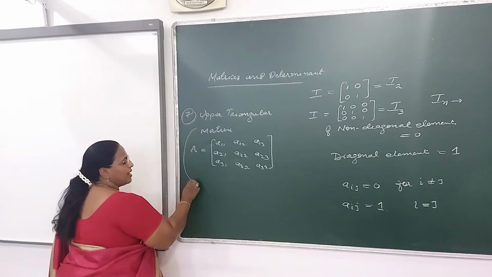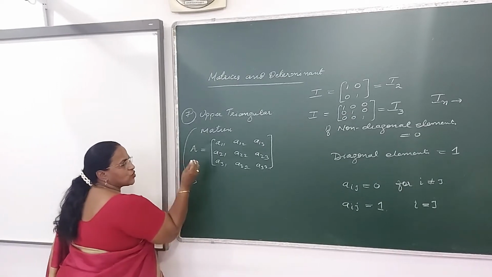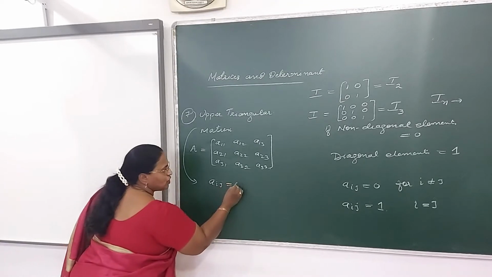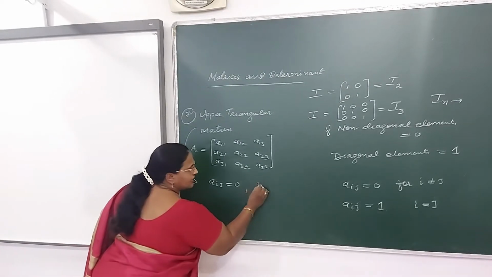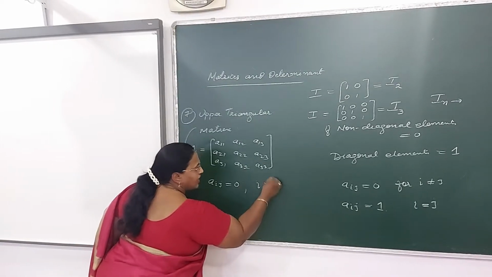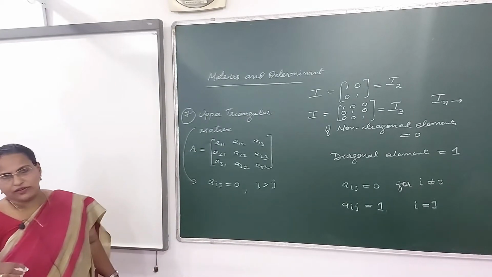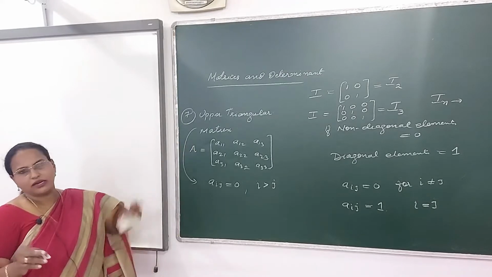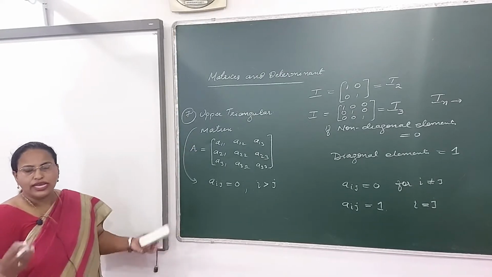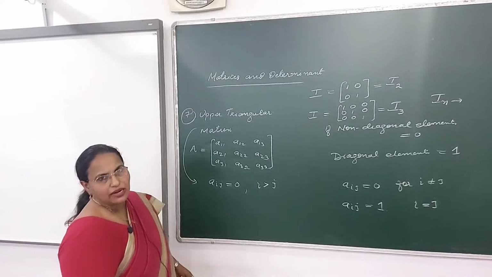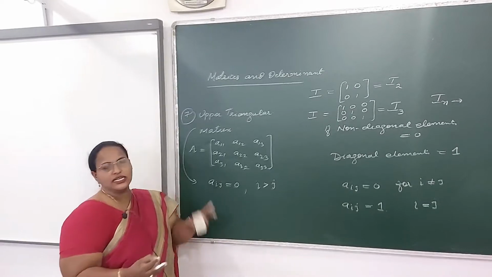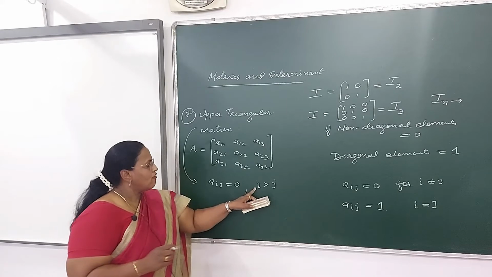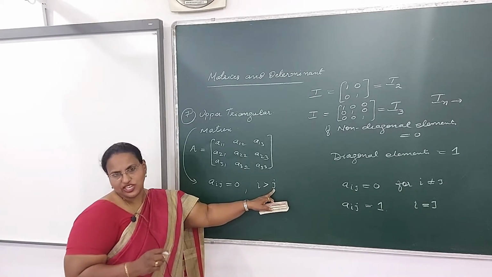Upper triangular matrix means a square matrix where Aij is equal to 0 for the condition i greater than j. Once again, upper triangular matrix is a square matrix which obeys the condition Aij equal to 0 where the value of i is greater than j.